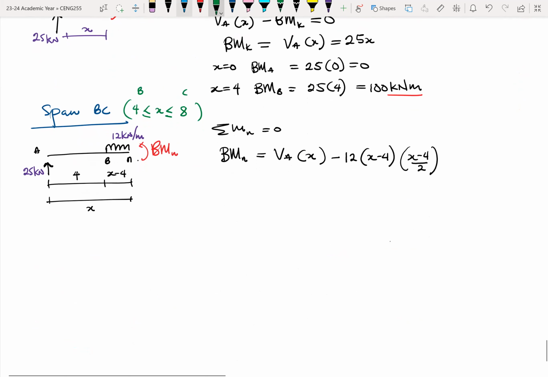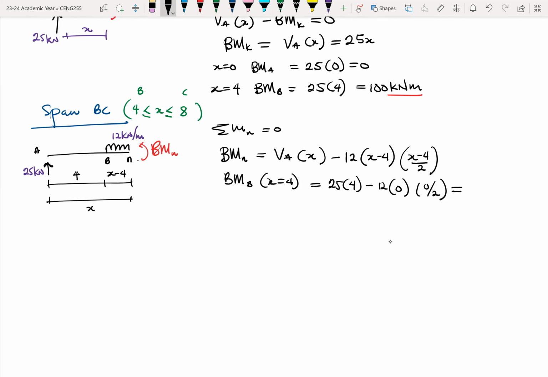Okay. So bending moment at B, where X is equal to 4, will give us 25 times 4 minus 12. So this will give us 0, right? 4 minus 4 is 0. This is 0 over 2.